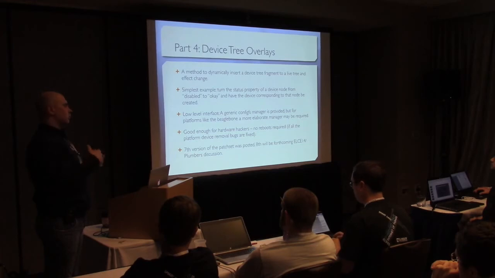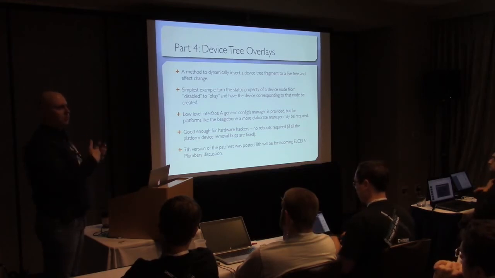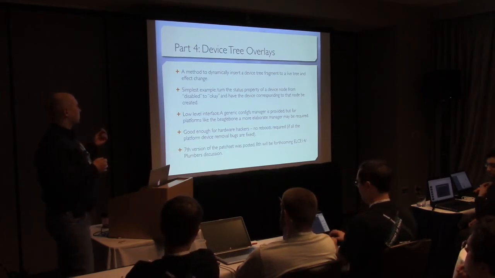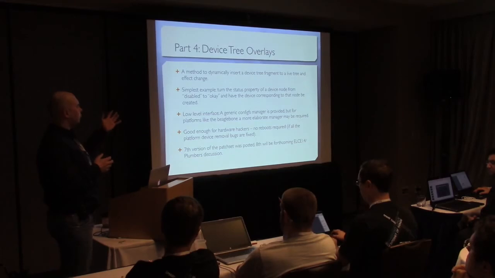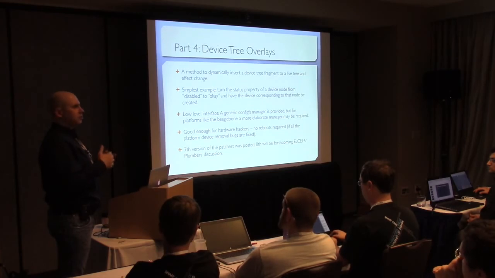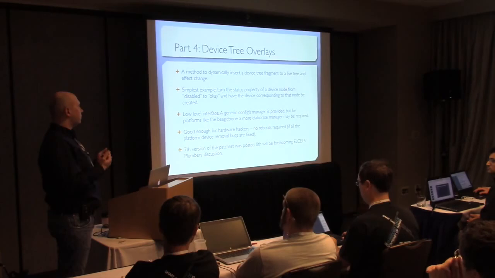So now when we change the status property from disabled to okay, you want that device to be created. So the whole idea is to have a low-level interface, because there are many users of that. It's not a user-facing API. It's an internal kernel interface.